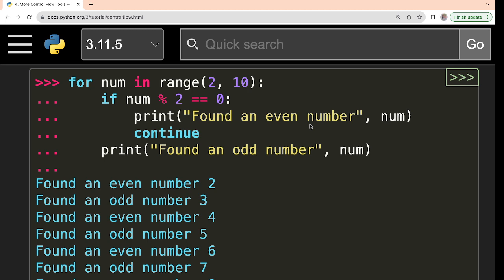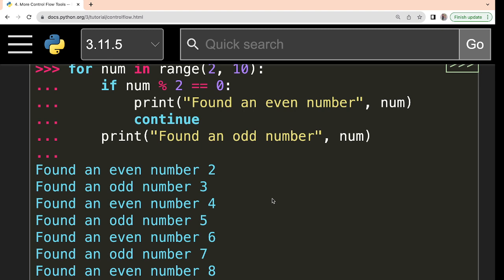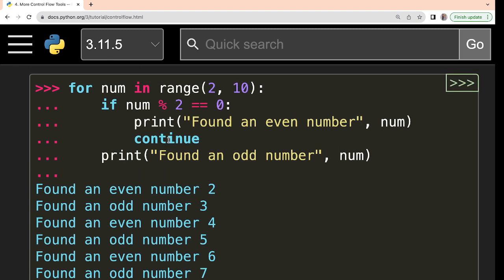That means go to the next number now and check again whether it is even or not. Understood? So that is how they have written. Here, the first number is 2. So 2 modulus 2 is equal to 0, the condition is true, it will come here and print found an even number 2.